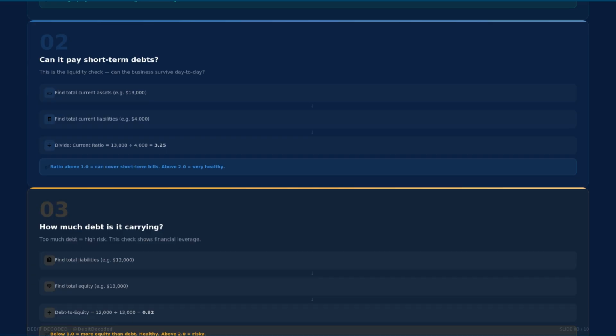How much debt is the business carrying? Compare total liabilities to total equity. If the business owes far more than it owns, that is a sign of high financial risk. A balanced mix of debt and equity is healthier. These 3 checks will give you a quick picture of any business's financial health in under 5 minutes.